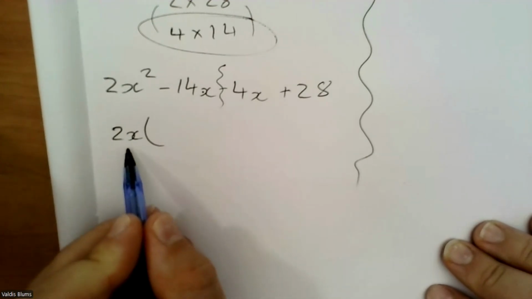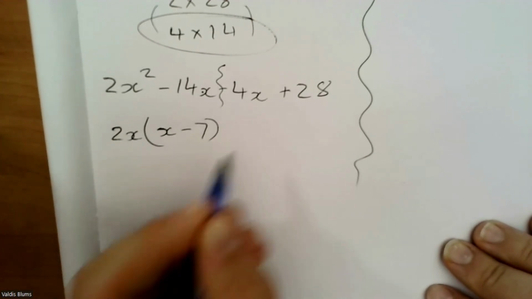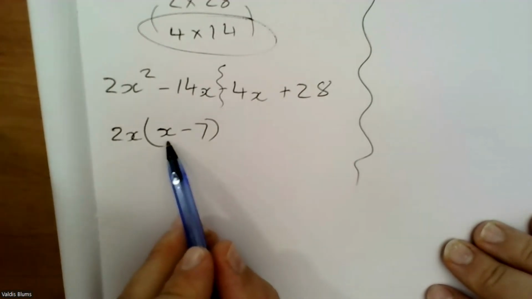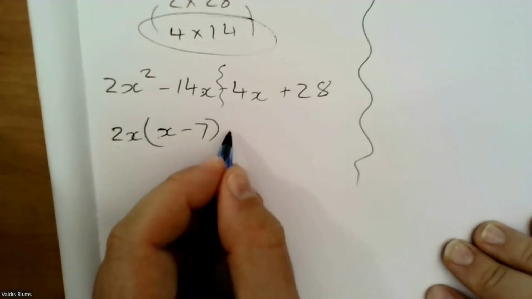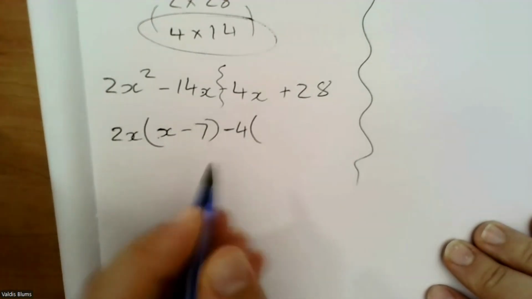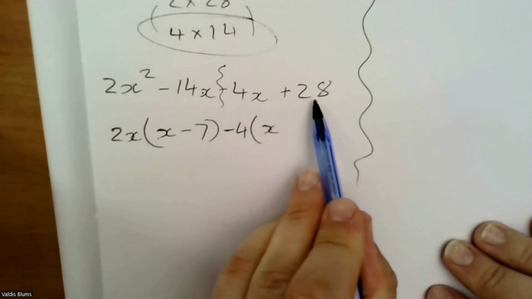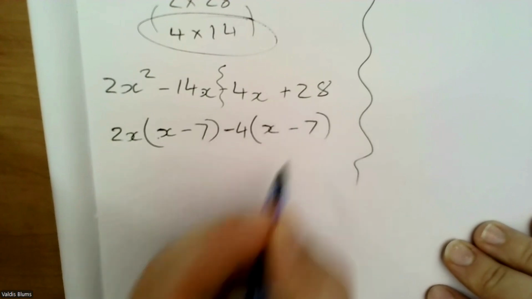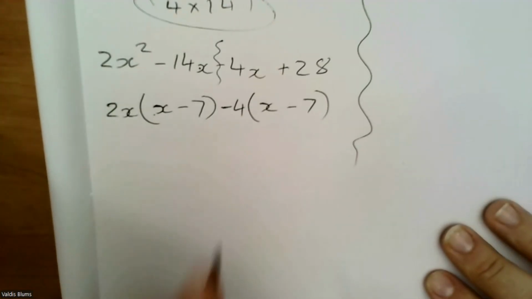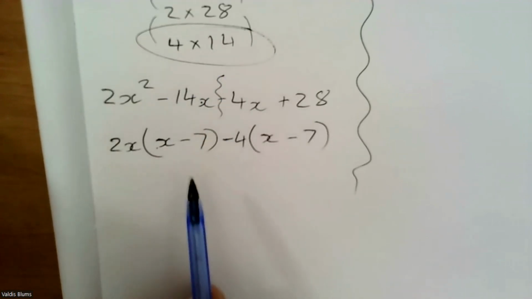So pulling out 2x leaves behind x minus 7, and we want x minus 7, so we'd have to pull out a negative 4 to get positive x, leaving behind x, and pulling out negative 4, we do get a negative 7 out of that 28. Awesome. So 4 and 14 was a set of factors that worked.